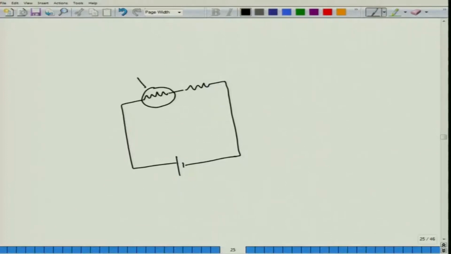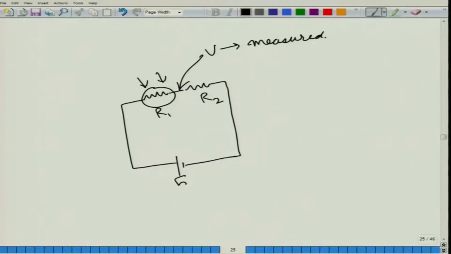Suppose this is your photoresistor and this is your normal resistance. So, we call it R1 and R2. Now, if we do not have any light that is falling on this device, and we measure our voltage at this point, this is measured.